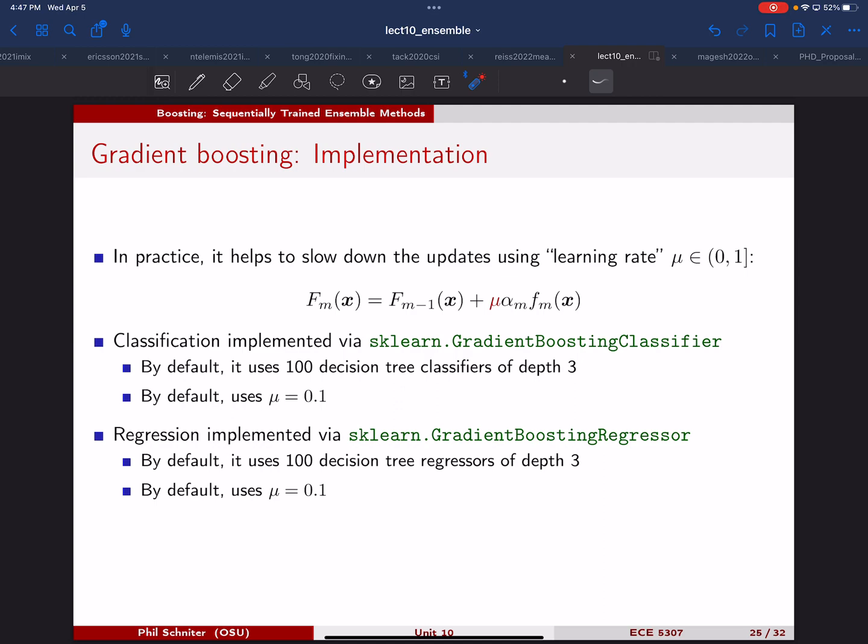That's going to mean we're going to have more stages, but that helps with generalization, better performance on the test data. So that's what's done in sklearn gradient boosting classifier or gradient boosting regressor. By default, they're using 100 decision tree classifiers of depth 3, and by default, they're both using mu as 0.1.